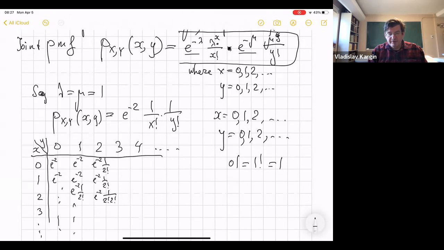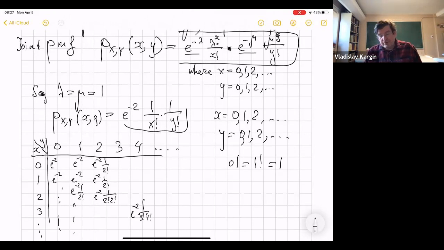And if you ask what's the entry here, this will be e to the minus 2, 1 divided by 3 factorial times 4 factorial. And so this is a big table, and every entry is determined by this formula.